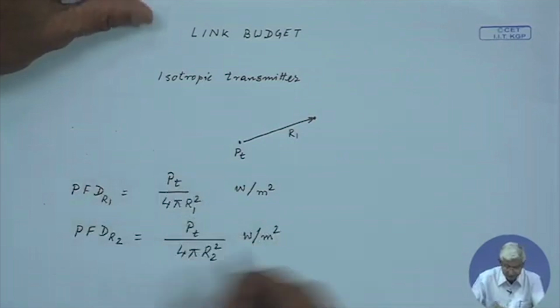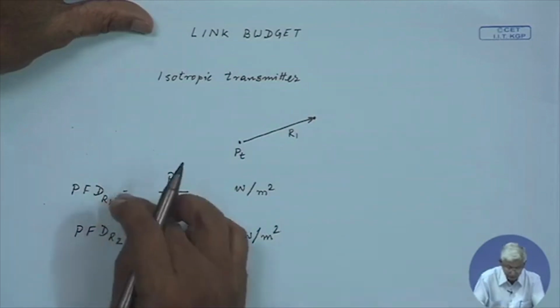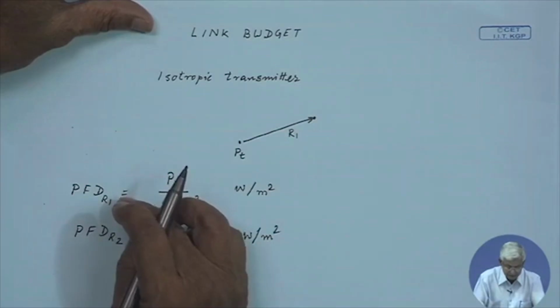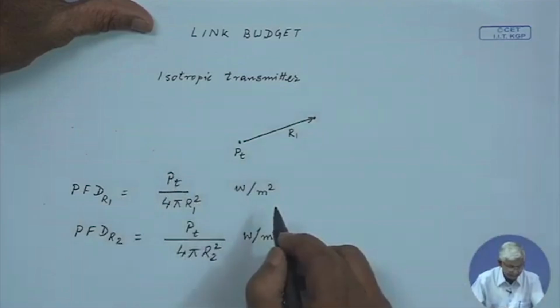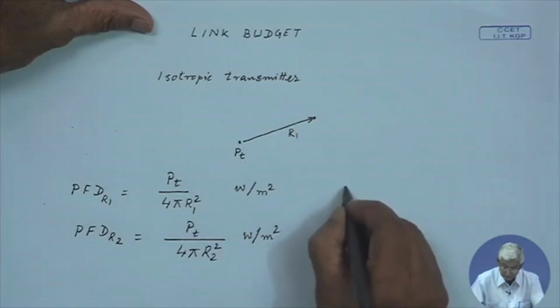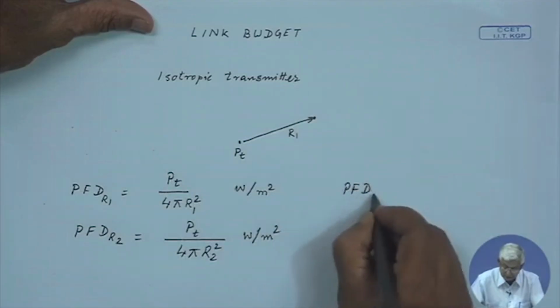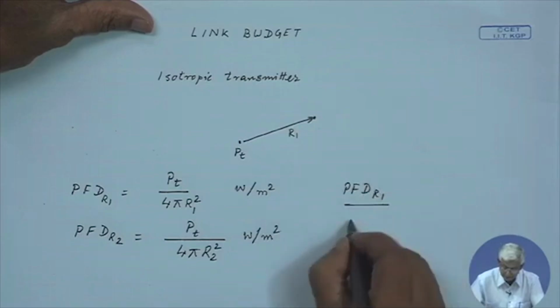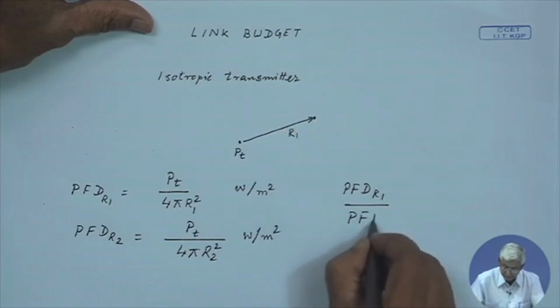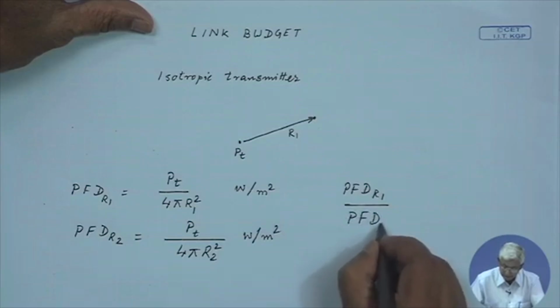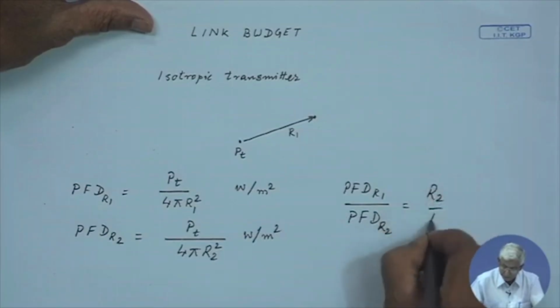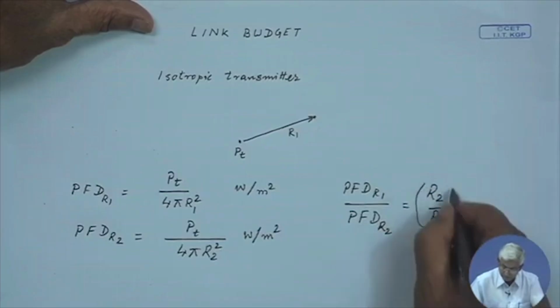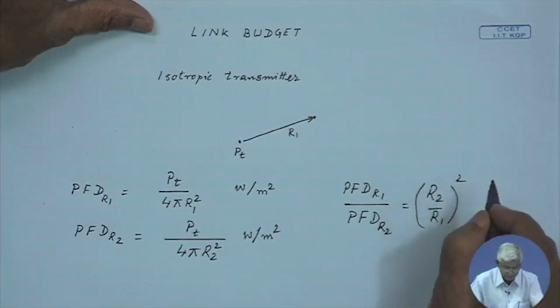Now if you take the ratio of these two, to find out how much power is changed from R1 to R2, assuming R2 is a larger distance, PFD at R1 by PFD at R2 will be R2 by R1 whole square.